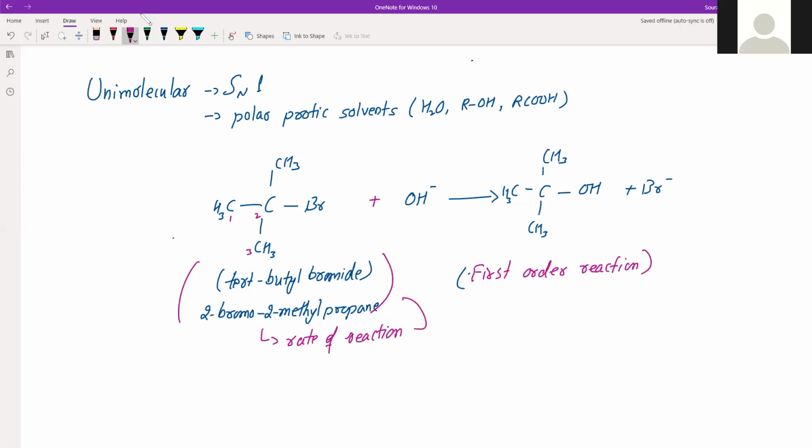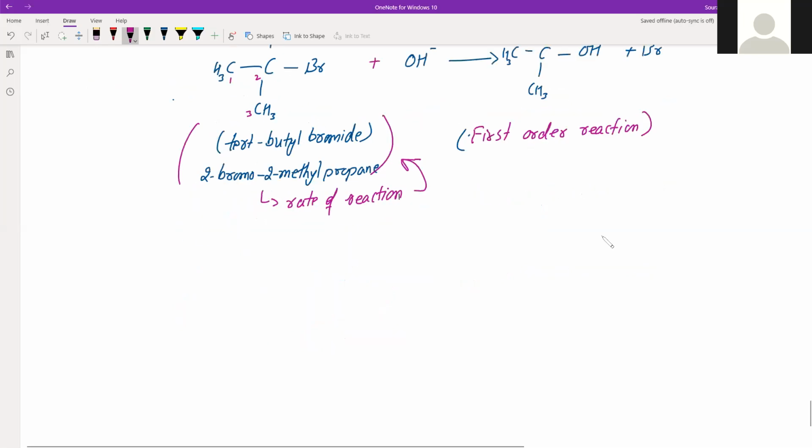So the rate will be equal to some constant k times the concentration of this (CH3)3CBr. So the reaction depends on the concentration of only one reactant, but there are two reactants involved.